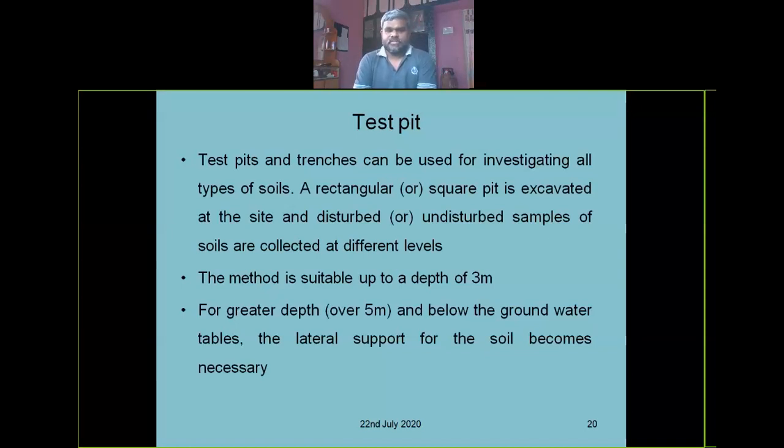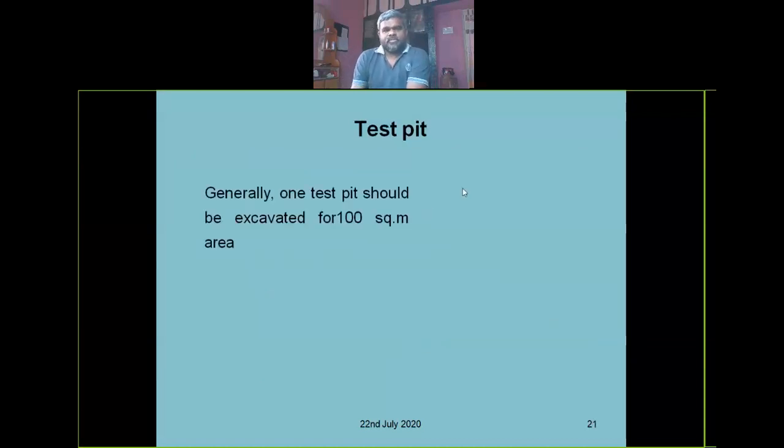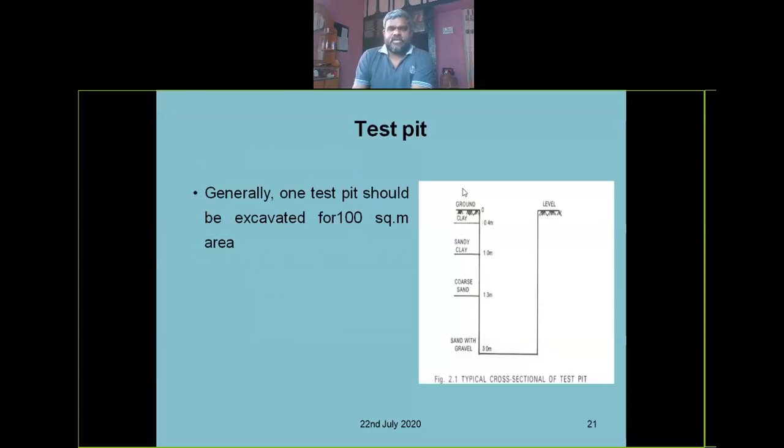For greater depths over 5 meters and below groundwater table, the lateral support of the soil becomes very difficult. So only up to 3 meters are these test pits suitable. Generally, one test pit should be excavated for every 100 square meters of area.